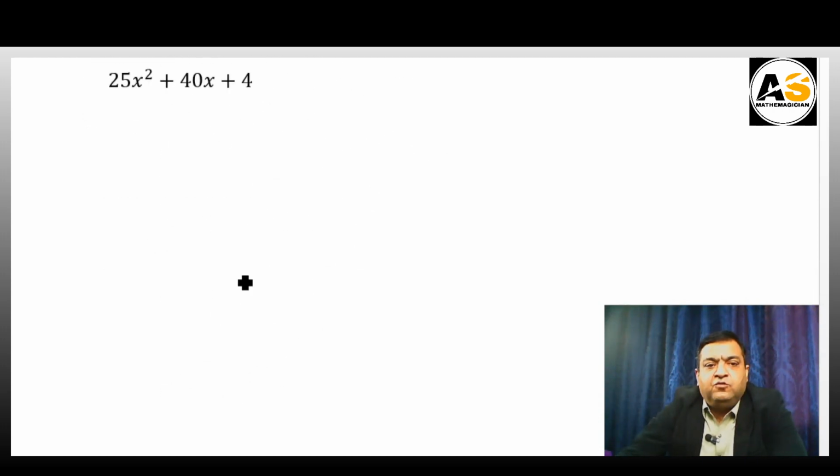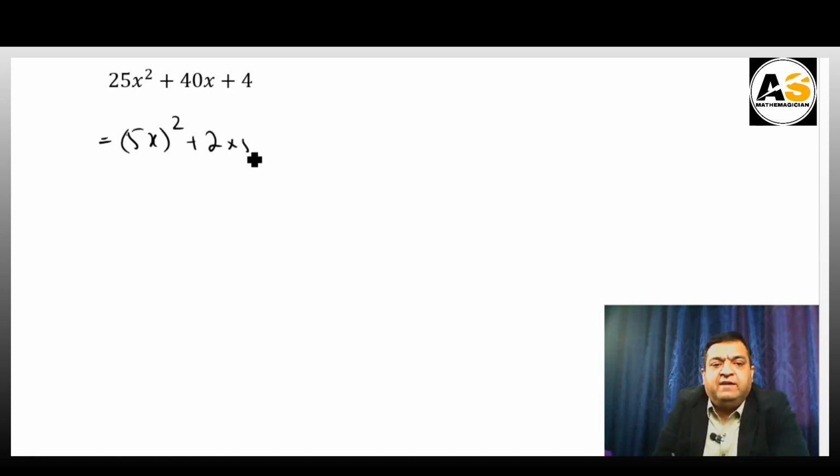Last example of today's lesson, it is 25x square, which is 5x whole square. We will take 2 into 5x. 5 and 2, 10. We are left with, this is 8 into 5x plus 4. Half of 8 is 4. 4 square will be added and subtracted.